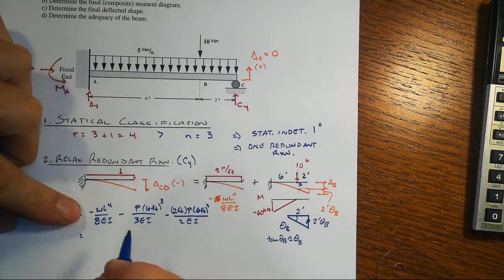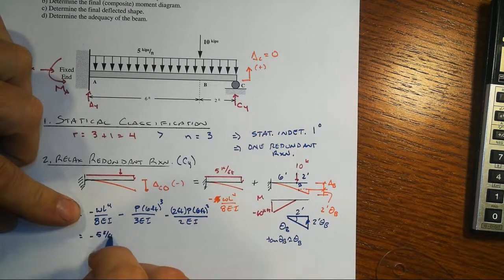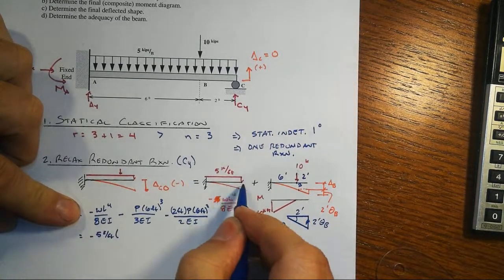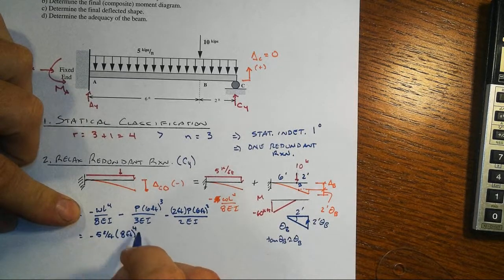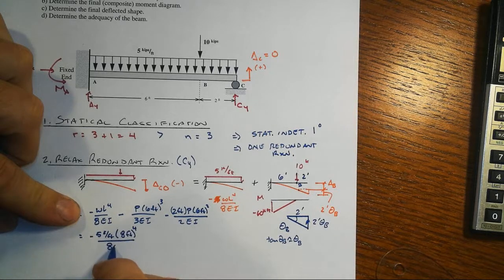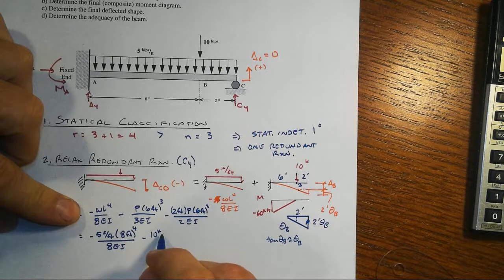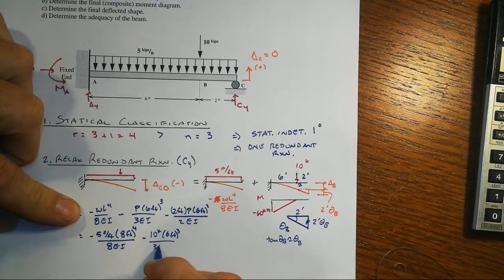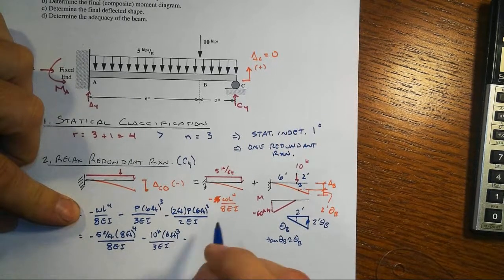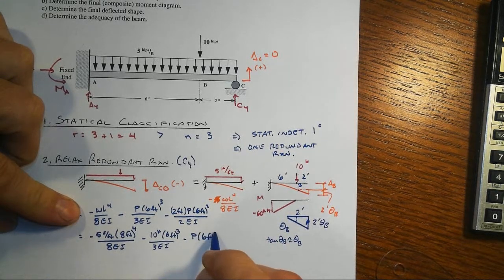The W is 5 kips per foot times the actual length, in this case for that model 8 feet to the 4th over 8EI, and then minus the P is 10 kips times our 6 feet quantity cubed over 3EI, and then minus, well, the 2 over the 2 is going to go away here, and we're going to have P times 6 feet.